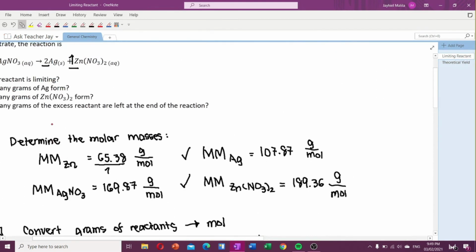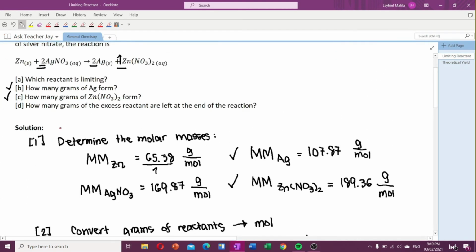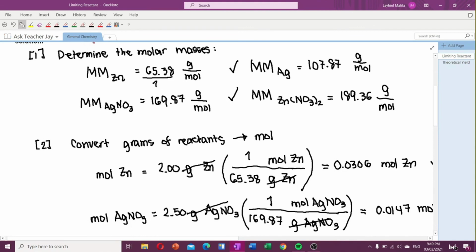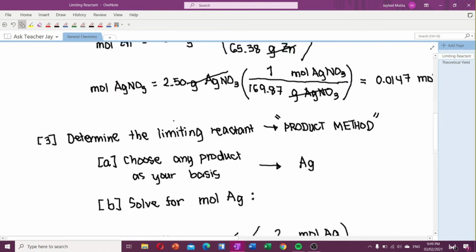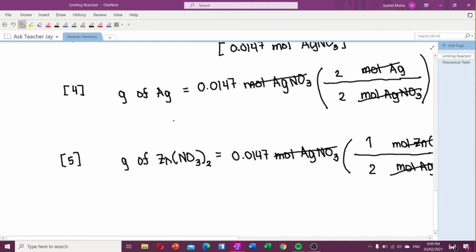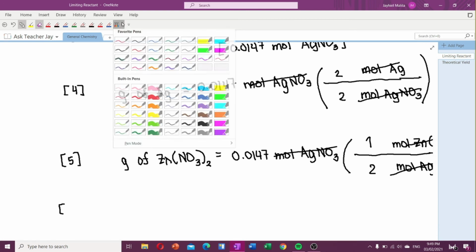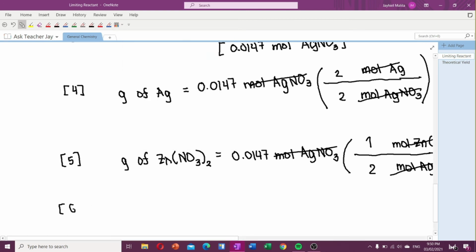Last but not the least, we are required to determine the grams of excess reactant that is left at the end of the reaction. To do this, remember that our excess reactant is zinc.